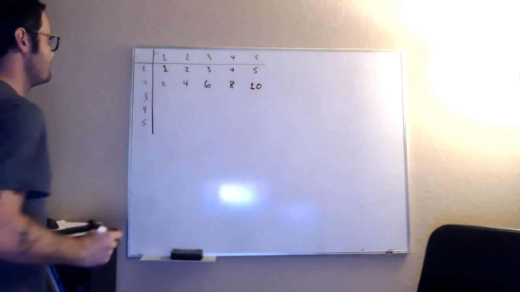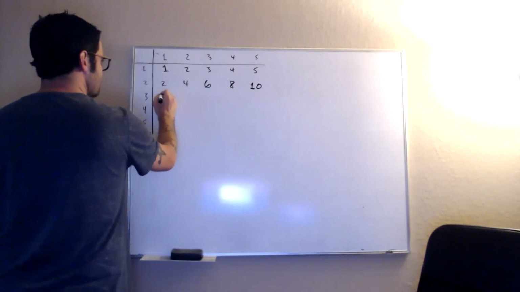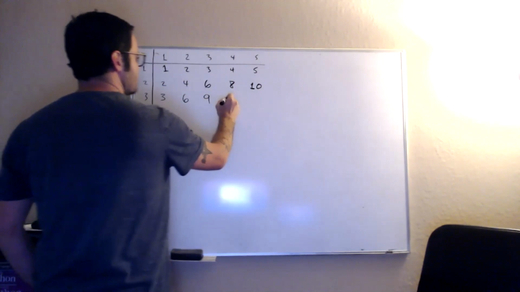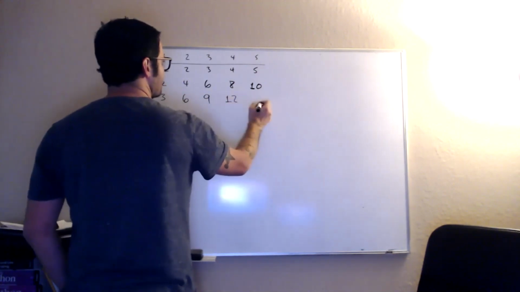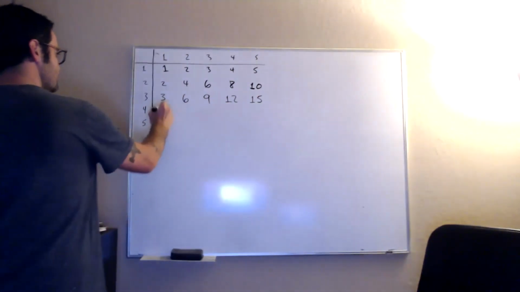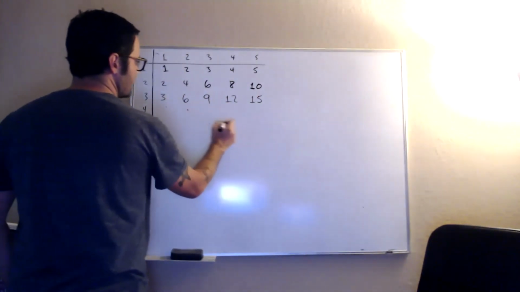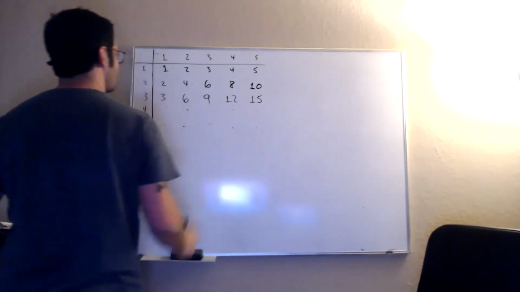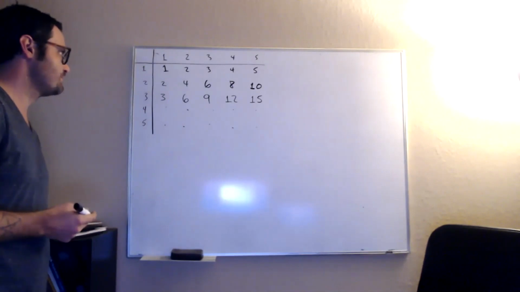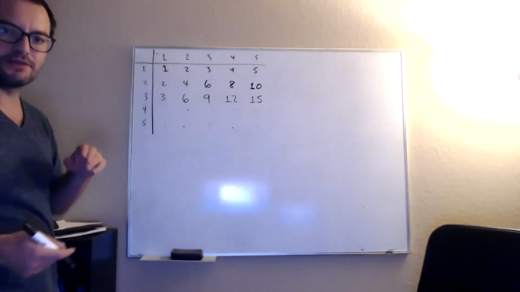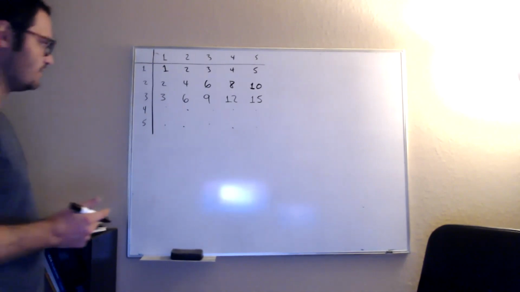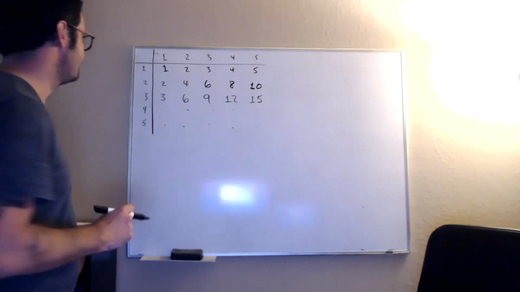And in a similar fashion, 3 times 1, 3 times 2, 3 times 3, 3 times 4, and then 3 times 5, right? You can fill in the rest as you want. So suppose we want to write a computer program to generate a table that looks like this. Well, we can do this using a nested for loop.